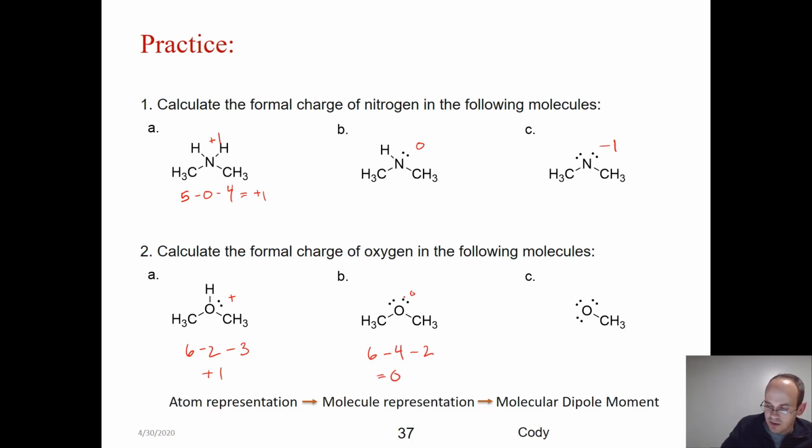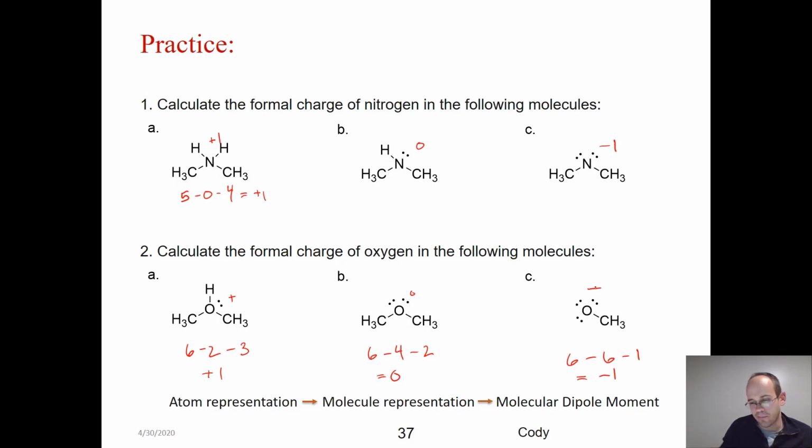So this is a neutral oxygen. And here we have oxygen, which normally has 6, minus 6 non-bonding electrons minus 1/2 of 2 shared electrons, so minus 1, and that's equal to -1. So this is a negatively charged oxygen.